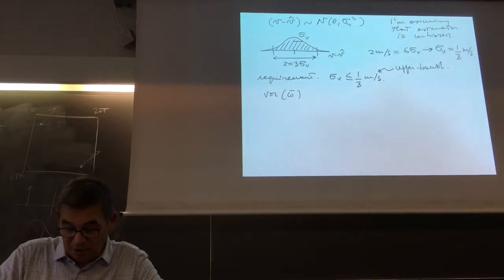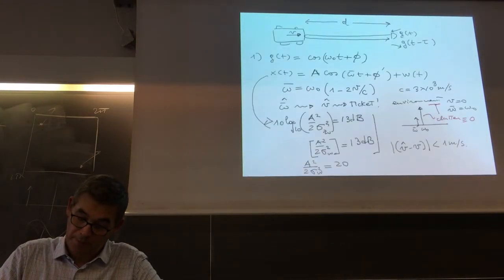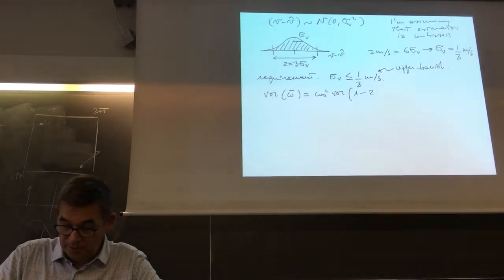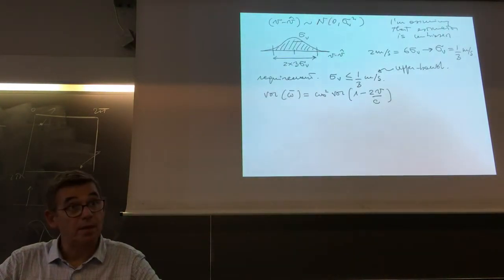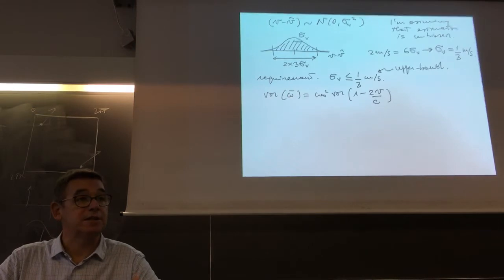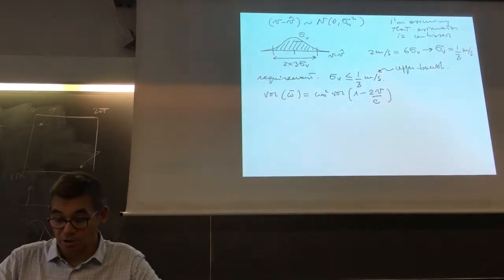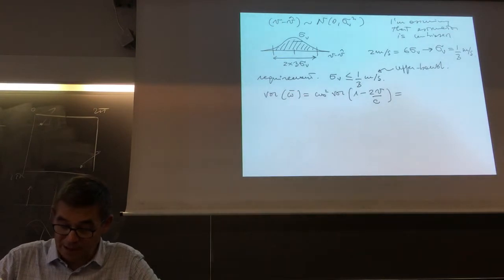The variance of omega naught is omega 0 squared times the variance of 1 minus 2 V divided by C. Now, 1 is a deterministic quantity, so the variance is 0 for that. The only variance that matters is the second term.